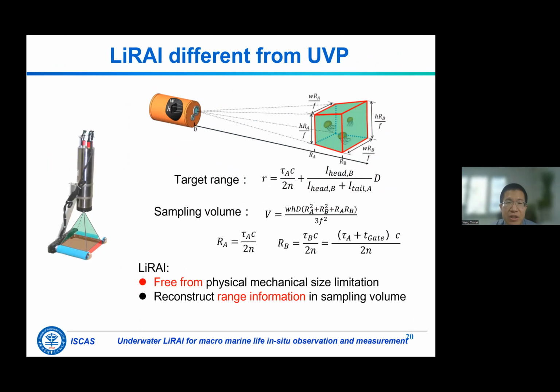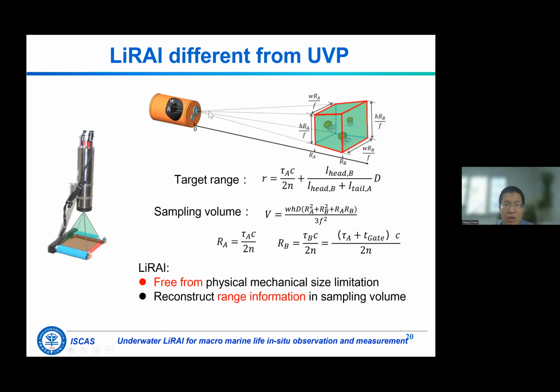We can say that LiRAI is different from UVP. For the UVP method, we establish an illuminated volume of water by 2 LEDs. It is limited by the physical mechanical dimension.